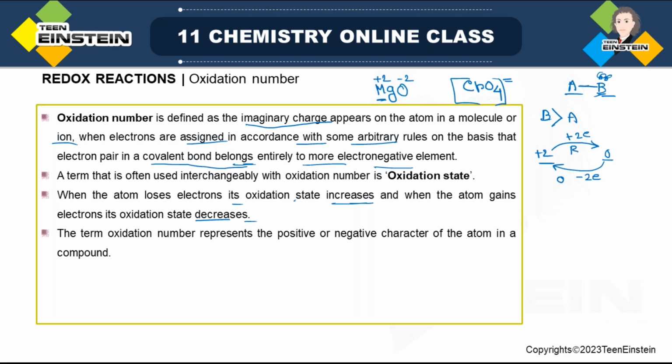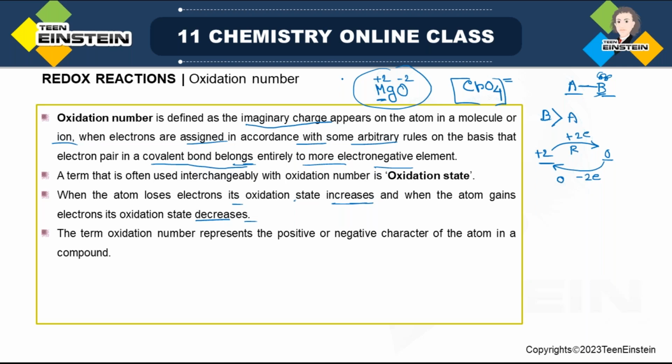The term oxidation number represents the positive and negative character of the atom. As I have written here, +2 over Mg and -2 over oxygen. Suppose you do not know whether oxygen is more electronegative; just looking at this, you will get the idea that as there is a negative number given over oxygen, oxygen has negative character.